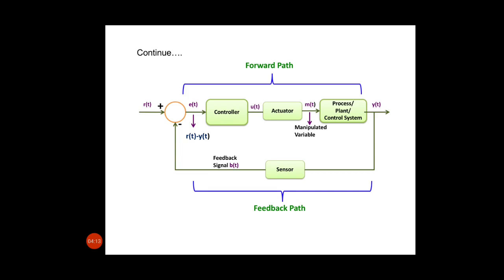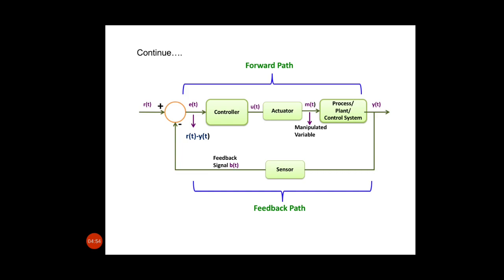And in this feedback path, typically one can have other dynamic components which may need to be modeled depending on the system. For example, I typically would use a sensor to measure the system output, and one may need to take into account the dynamics of the sensor that is used.